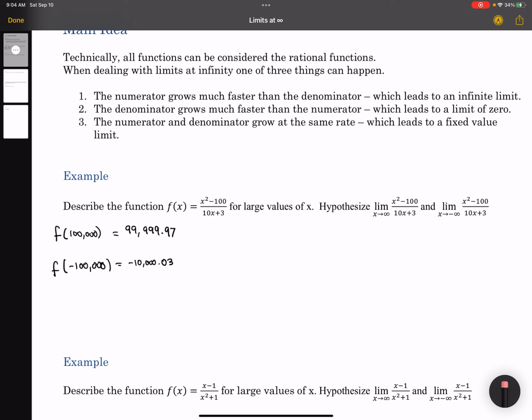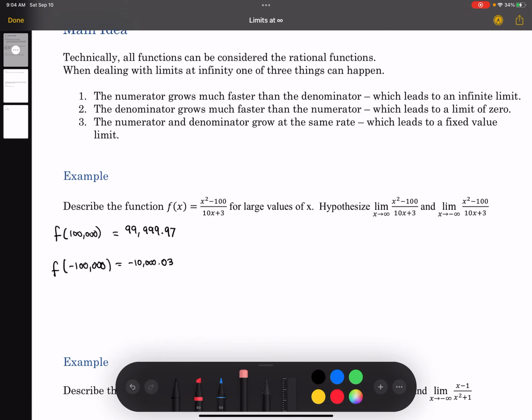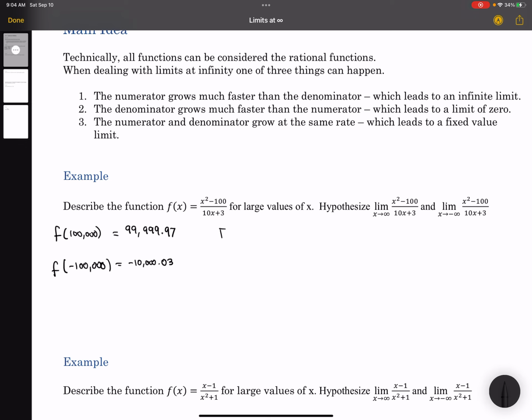So what's really going on is, for large values of x, f of x is going to behave like, again, the negative 100 we don't actually need.